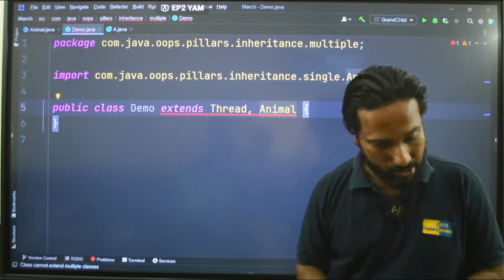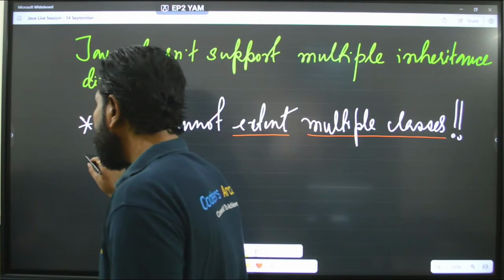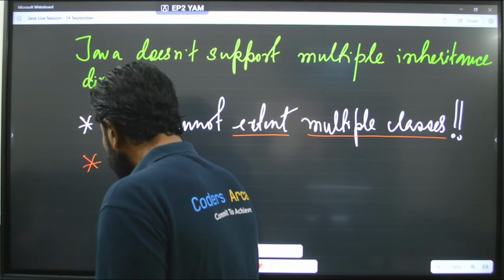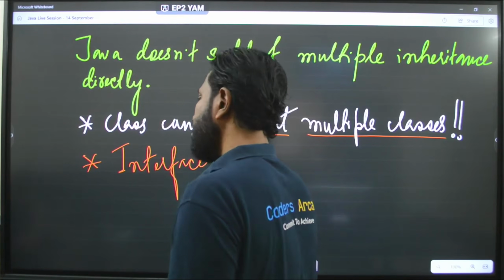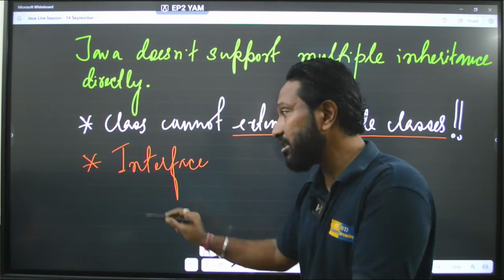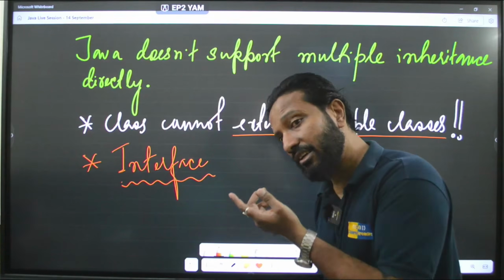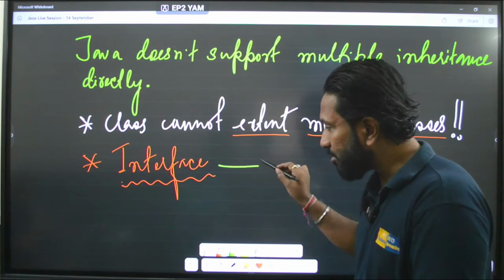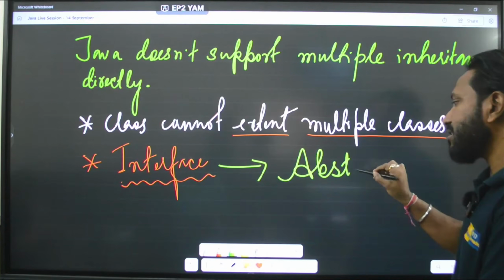So for this we have a different term that is called what? We use interface. This is a very important term and concept. For this we have to learn the next pillar, abstraction.